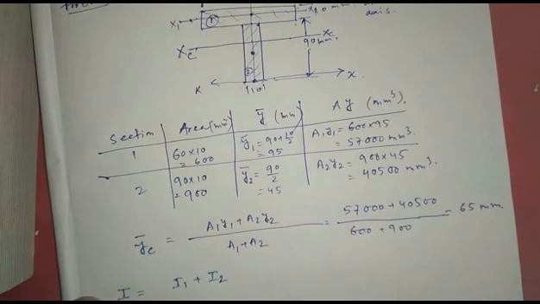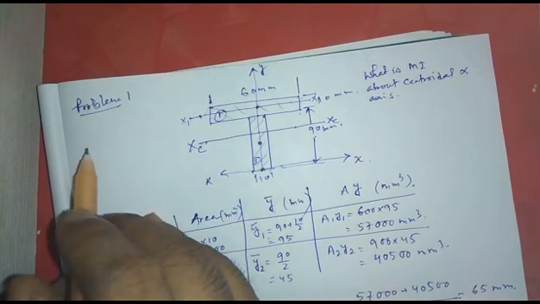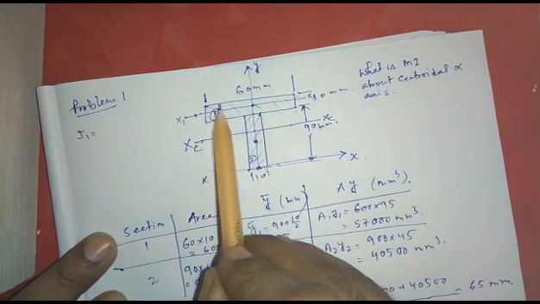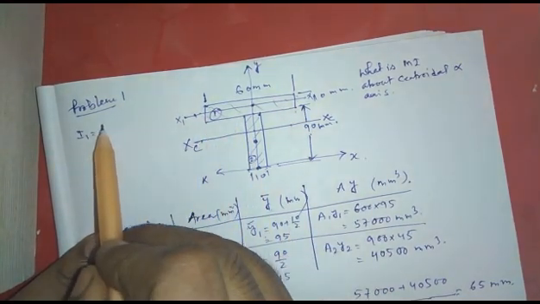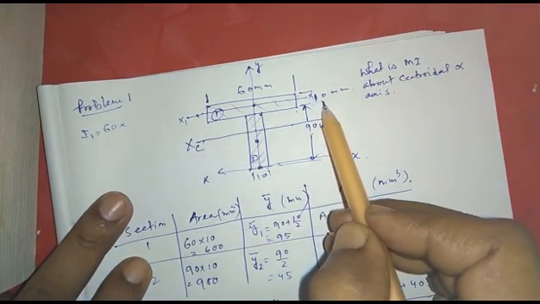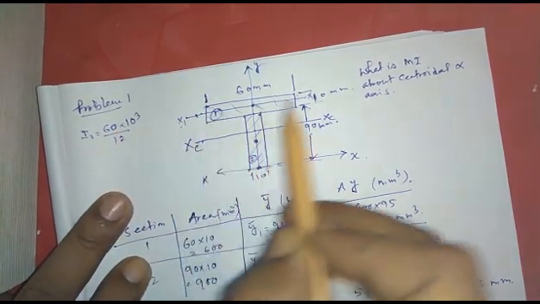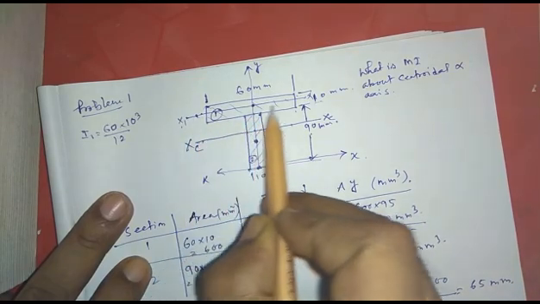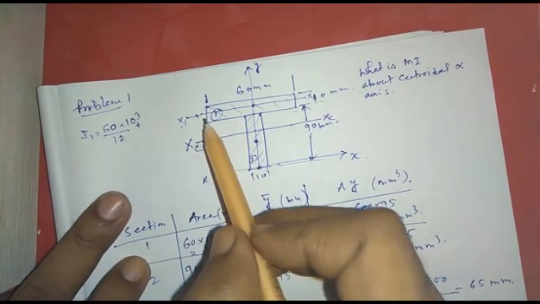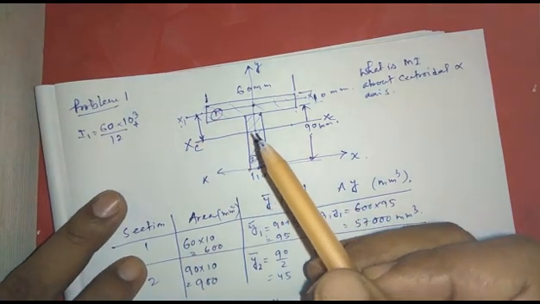So for I1, the moment of inertia of this is b h cubed by 12. That is about this axis x1, plus we need to know this distance because we are going to apply the parallel axis theorem.